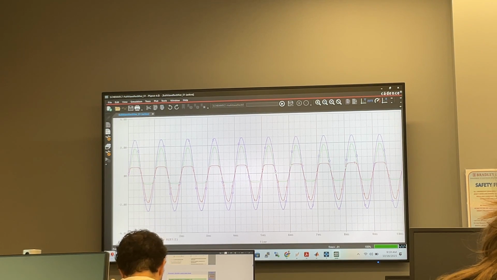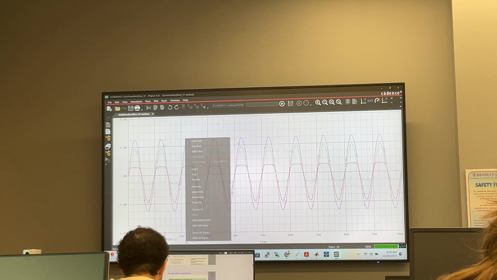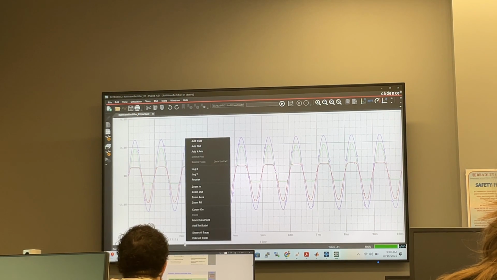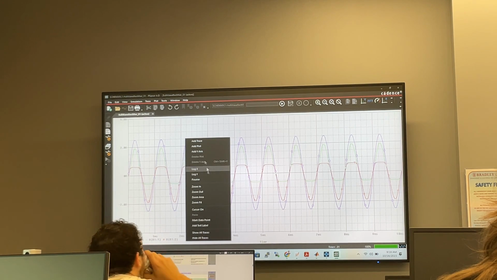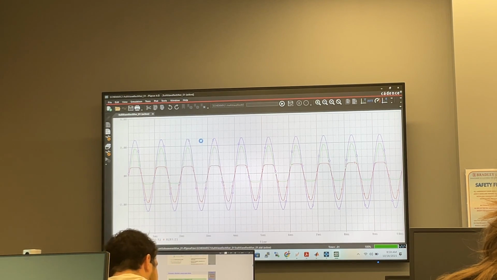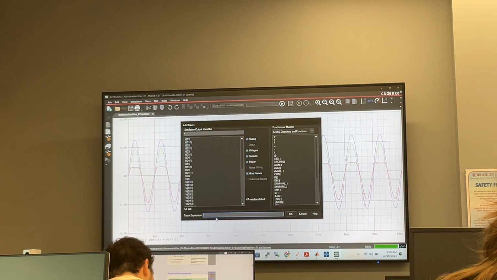What you will have to do, you will have to add another trace. You can right click and add trace. And then you just have to write the formula.